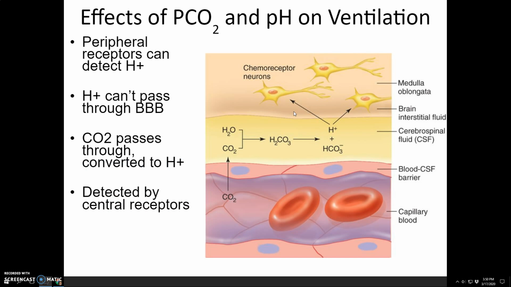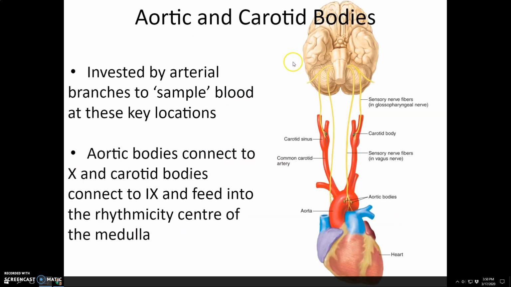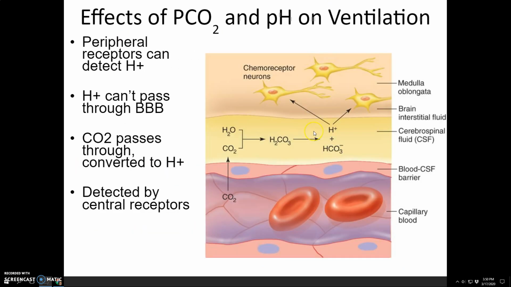So let's take a look at an example of a central chemoreceptor. We looked a minute ago at a peripheral chemoreceptor, now let's consider a central one. In this central chemoreceptor, we're detecting H+. Remember, H+ cannot cross the blood-brain barrier easily.